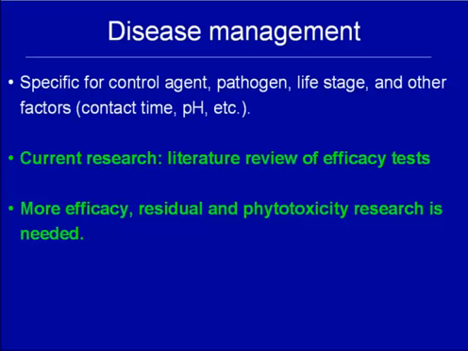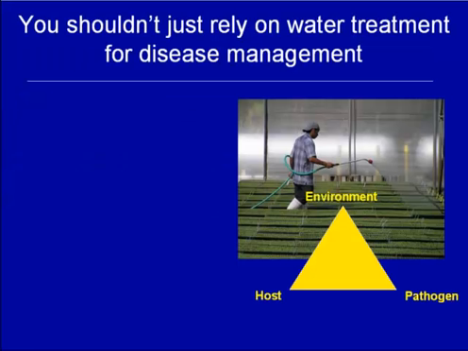We're currently writing a literature review of efficacy tests of the published work that's out there with the different sanitizers, and that'll be available to growers next year in 2011. But there's definitely more efficacy, residual, and phytotoxicity research that's needed and is underway by plant pathologists.